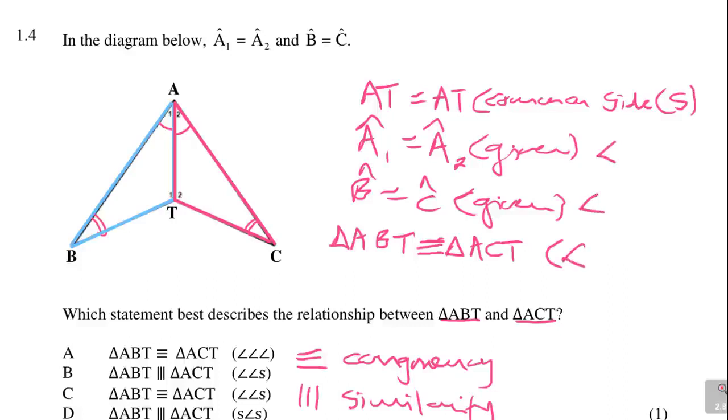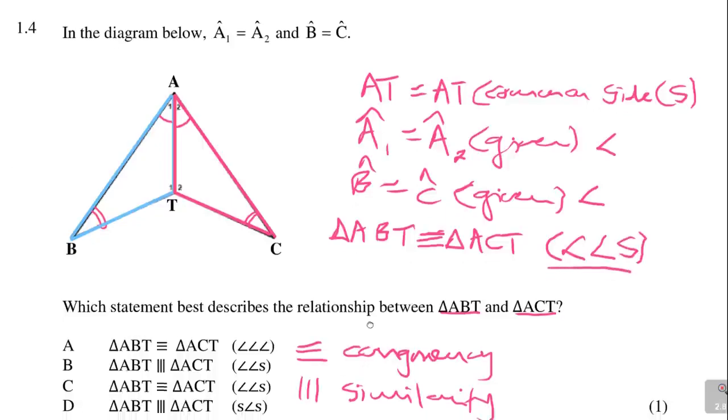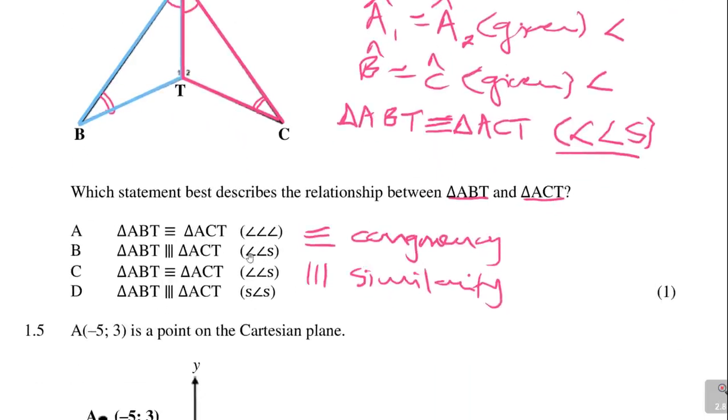So we have angle, angle, side, or side, angle, angle. So you must look for that. There is one angle, angle, side, which is B. But B uses similarity. This is not similar. And then angle, angle, side, there is the answer C.